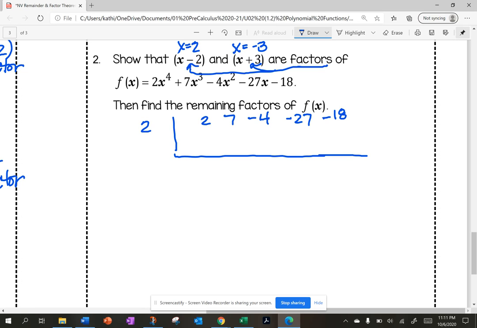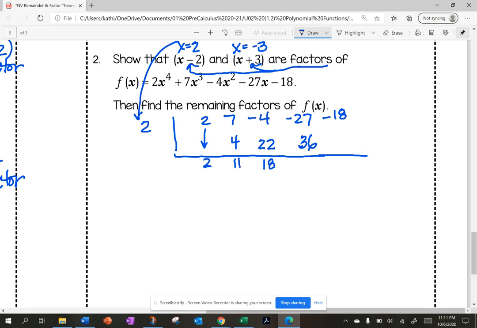All right, so I am starting out with my first 0. I'm going to bring down my coefficient. So 2 times 2 is 4. Add down, I have 11. 2 times 11 is 22. Add down, I have 18. 2 times 18 is 36.